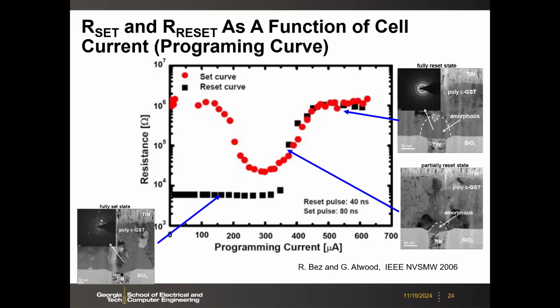Okay, so here are some real data measured. So here, this is a so-called typical programming curve for the phase change memory. So what you will have here, for example, for the reset curve, which means you start with the set state, which is crystalline phase. Actually, people have done some nice metrology work. That means looking at the atomic structures under the TEM, the transmission electron microscope.